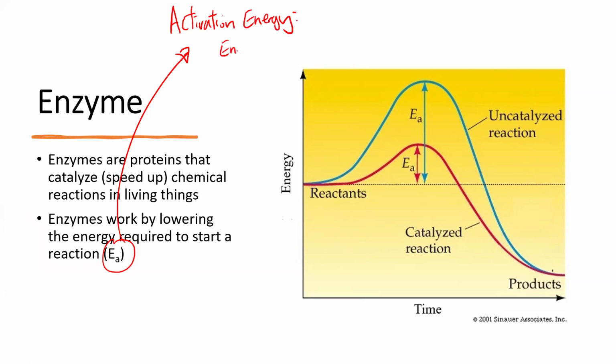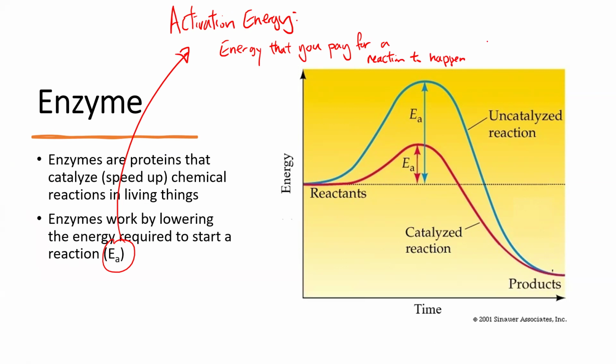Okay, it is the energy that you pay for a reaction to happen. It's like paying tuition to be in school. And often that activation energy is very high. You need to pay a lot before the reaction can take place.